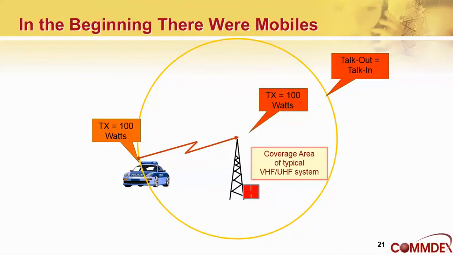Maybe they were less, maybe 60 watts, but they were both fairly high powered for what they did. Because they were using the same amount of power, in general, the talk out area was roughly equivalent to the talk back area. So if you could talk 5 miles, you could talk 5 miles in both directions. If you could talk 10 miles, it worked in both directions.